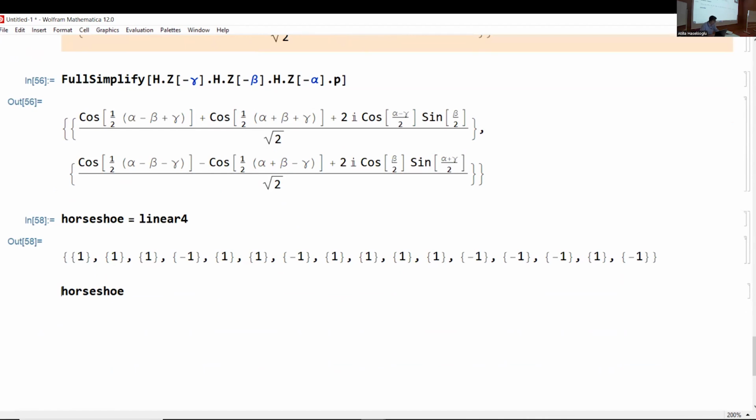I apply an alpha rotation over qubit 2. So if I were to do that, I get H, Z minus alpha. This is on qubit 2, second qubit. So I need to find the tensor product of first we have an identity, then I have this thing, then I have identities on the last 2 qubits.